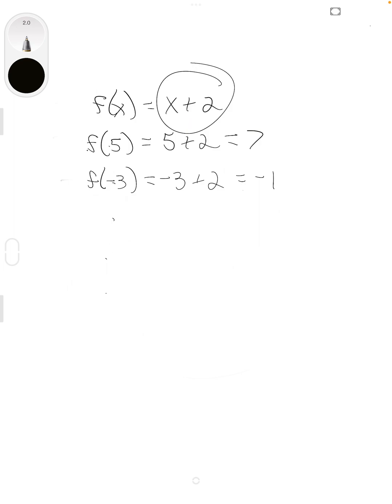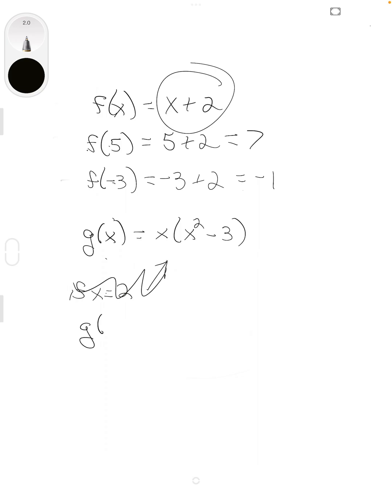Or here's another example of, okay, let's say I've got a formula G, and it's got an x in it for its variable, and that is x times x squared minus 3. Now, in the past, we would say, if x equals 2, what's that? Well, okay, we're not going to do that. We're just going to say, what is g of 2? So we read that g, you see the word of, and you see the thing inside, and you say 2.